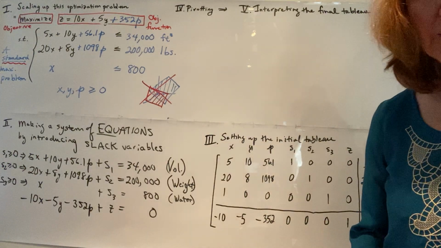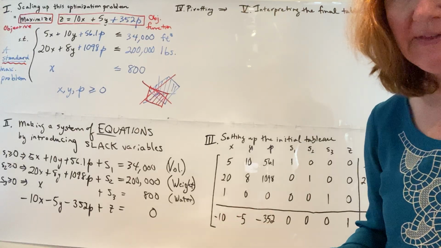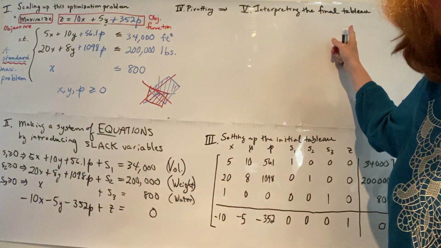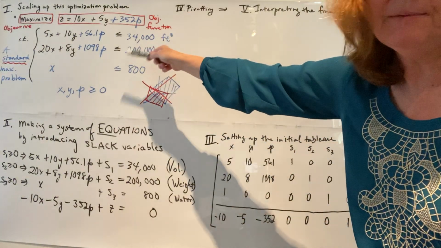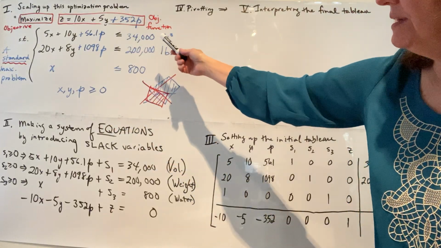Okay, so now we're going to talk about the last part of a simplex method problem, which is interpreting the final tableau, right? So again, that comes after stating the problem as a standard maximization problem.